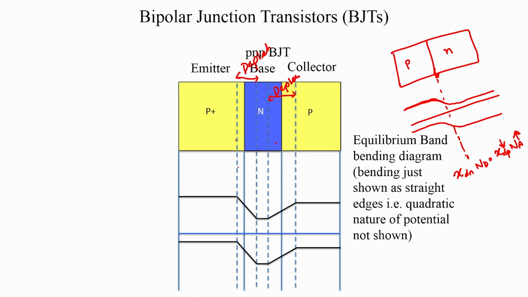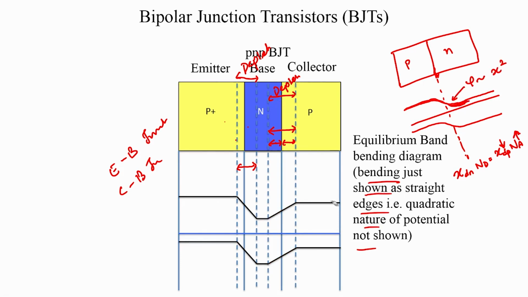Here you have the depletion region on the emitter base junction, which is called the emitter base junction. Then similarly you have the depletion region on the collector base junction. Since both of them are moderately doped, I have represented both these depletion widths as almost equal, and that is the total depletion width of the collector base junction.